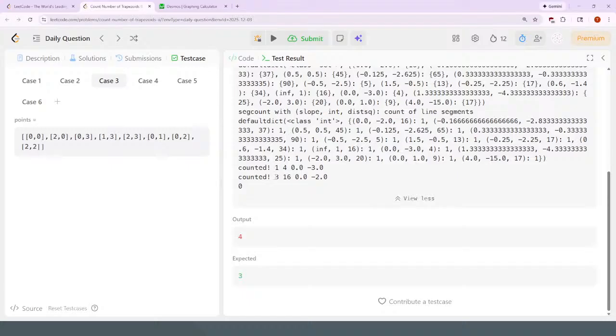Counted 1 and 3. 1 for when dealing with a distance squared of 4, slope of 0, y-intercept of -3.